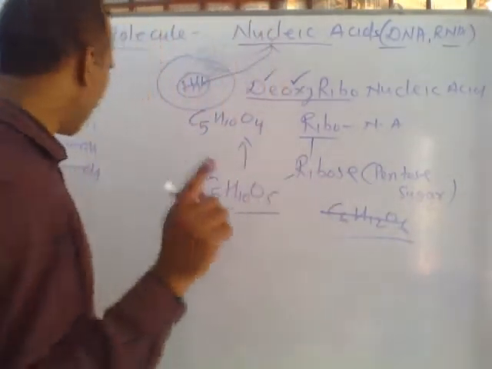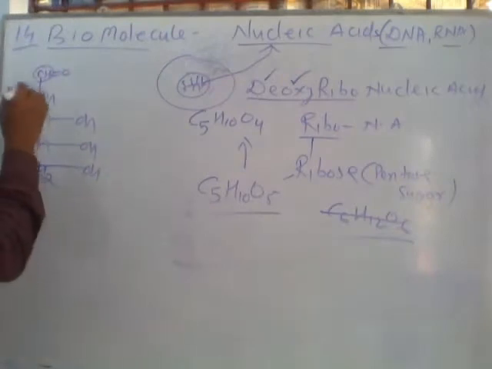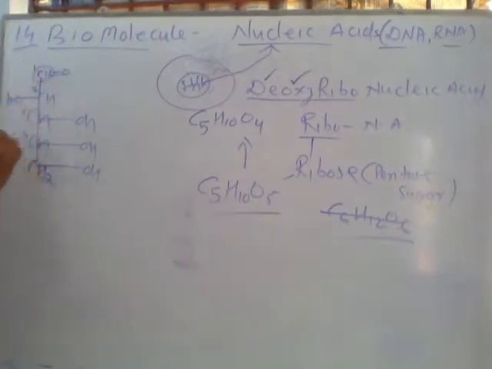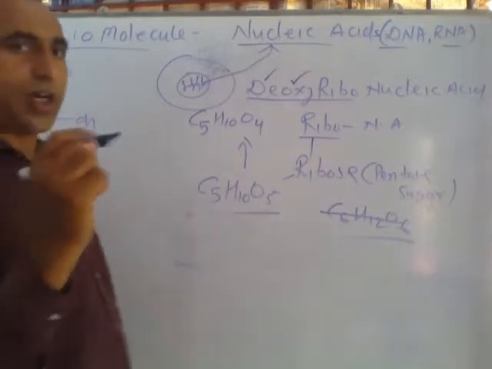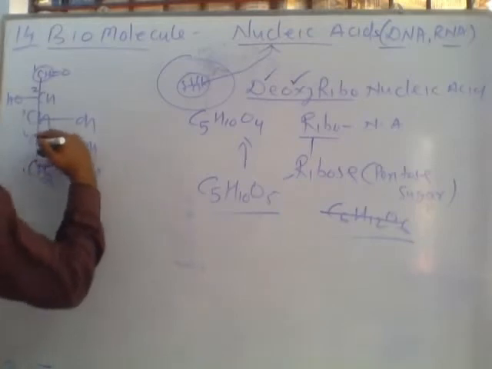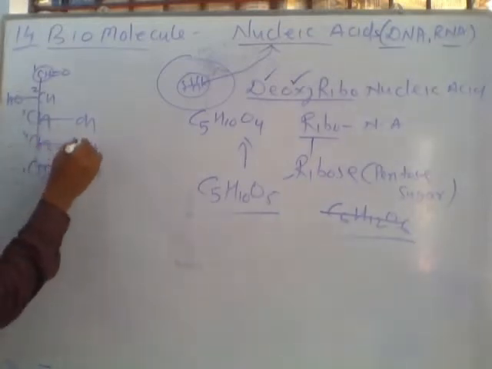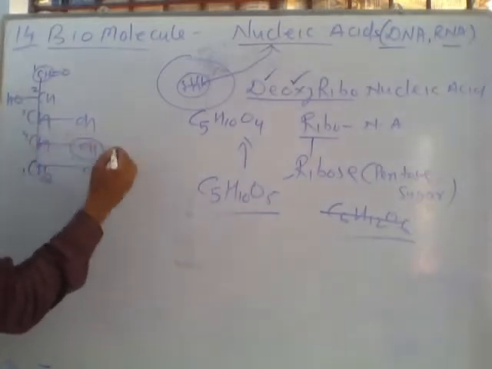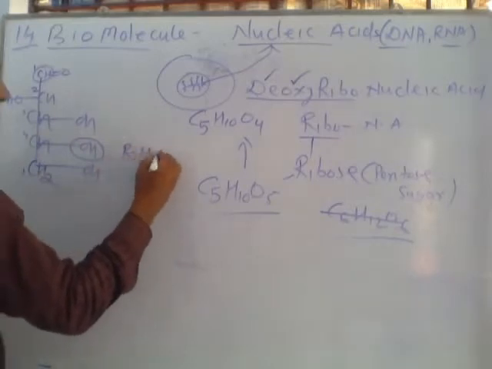And one more thing, listen. If we start numbering 1, 2, 3, 4, 5, focus on the 4th carbon, the second last carbon atom. The orientation of the OH group is on the right-hand side.